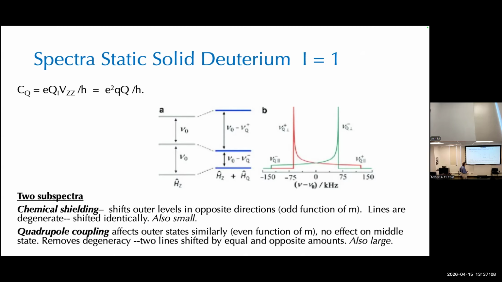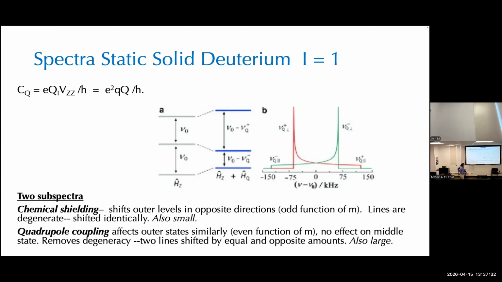So with chemical shielding, if that were the only interaction here and we didn't have any quadrupole, these two lines would be right above each other. By contrast, the quadrupole coupling affects the outer states similarly. The quadrupole coupling is like an even function of m, it goes like m squared.